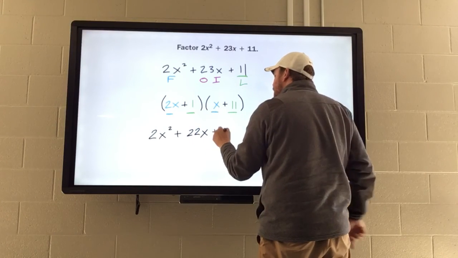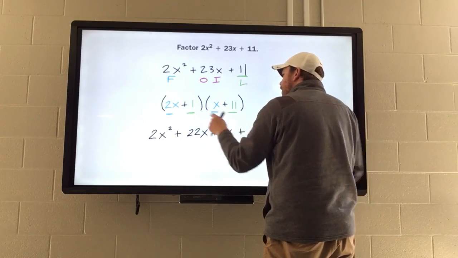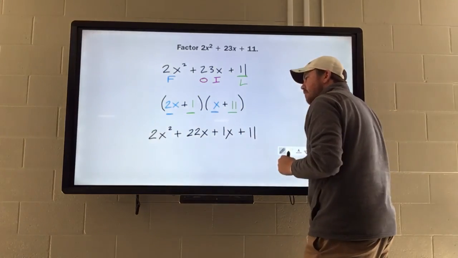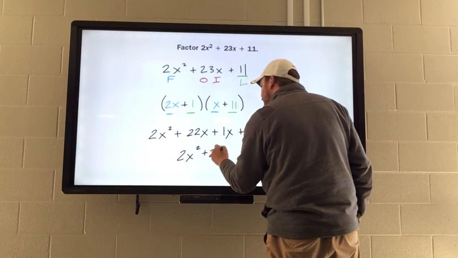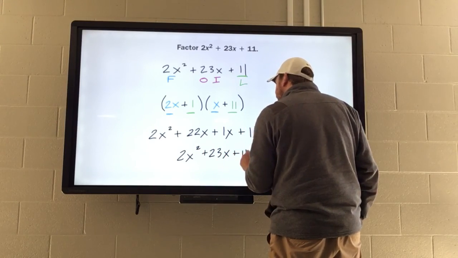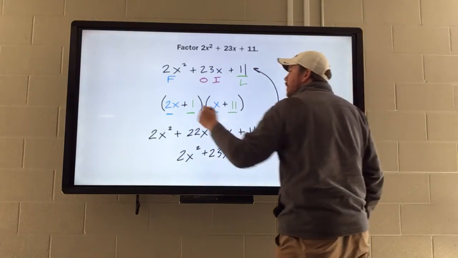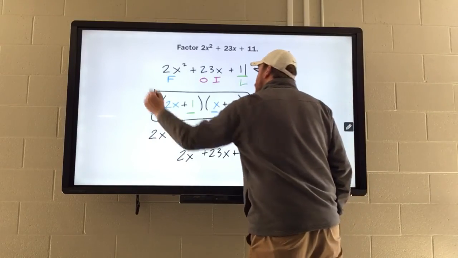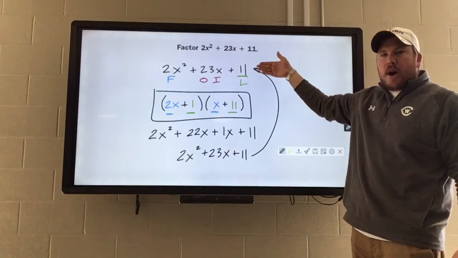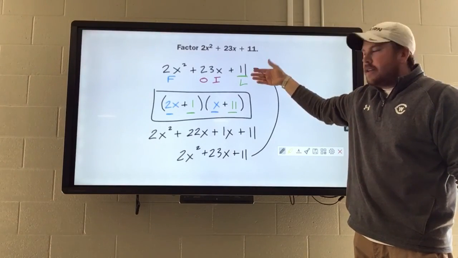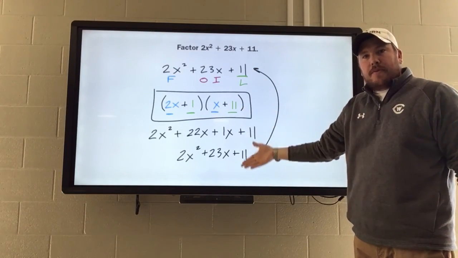Plus the inside, 1 times x is 1x. Plus the last, 1 times 11 is 11. Leaving me with 2x squared plus 23x plus 11. Hey, that matches my original problem. I know this is the correct answer. So we use hints from our original trinomial to guess, and then we FOIL it out to check.